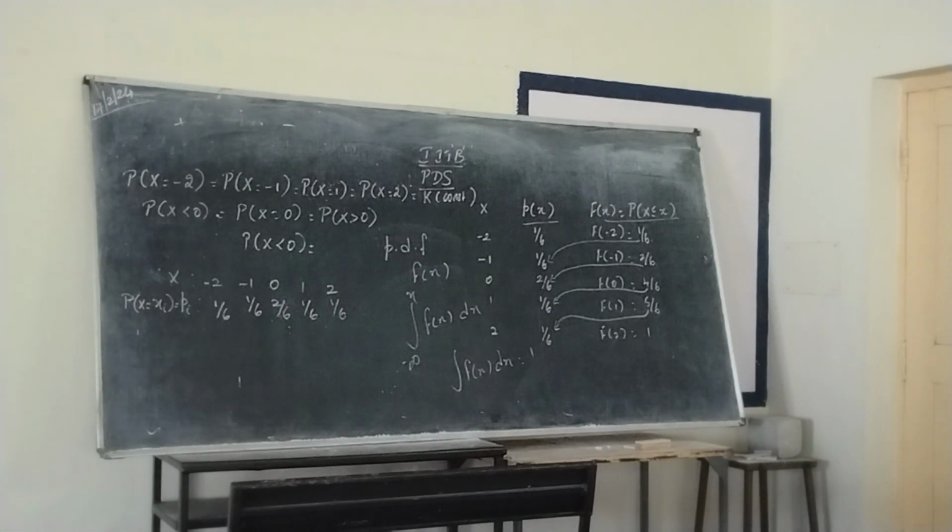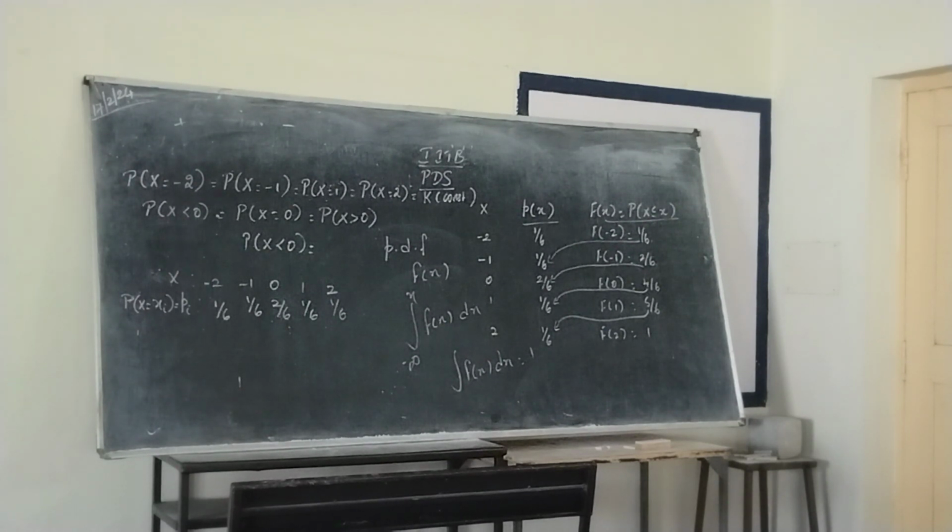Next one. The probability density function. Probability density function, within bracket write PDF, small p, small d, small f.